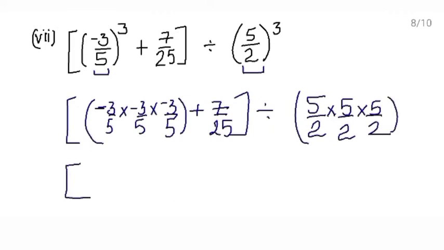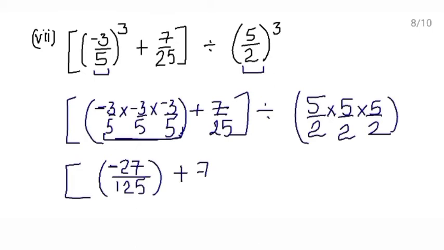Now the next step, solve this bracket. 3 3s are 9 3s are 27. 27 minus sign is occurring odd number of times, so put minus sign here. 5 5s are 25. 25 5s are 125. Plus 7 upon 25. Bracket close. Division sign.